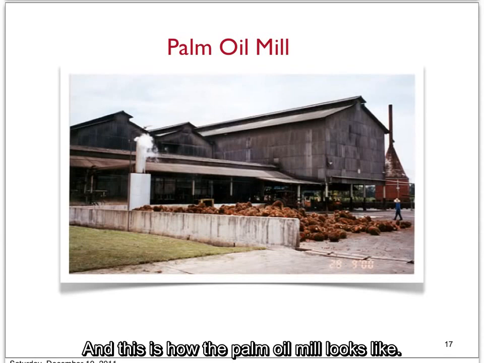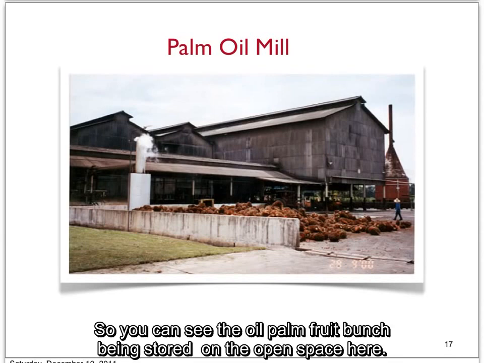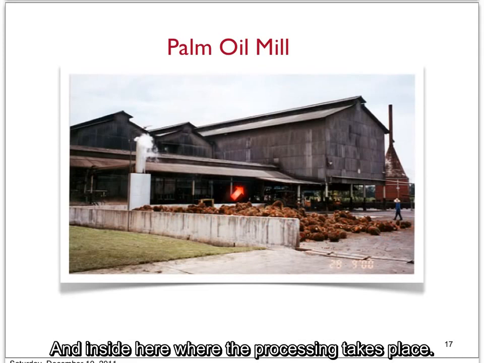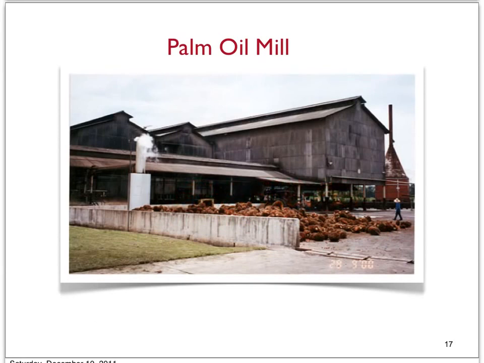And this is how the palm oil mill looks. You can see the oil palm fruit bunch being stored in the open space here, and inside here is where the processing takes place.